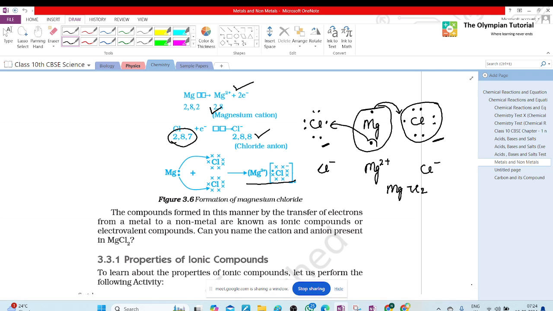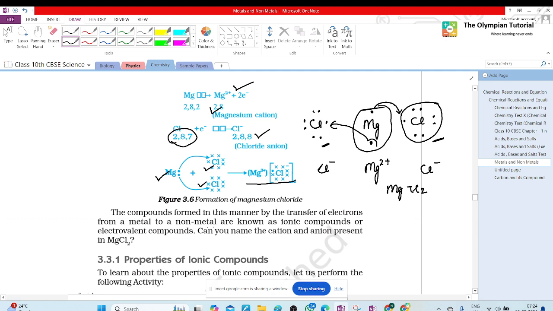Then magnesium gives two electrons from its outermost shell, and chlorine will receive one electron each because there are two chloride anions. So it will become Mg2+, Cl minus, Cl minus. And these are ionic compounds.